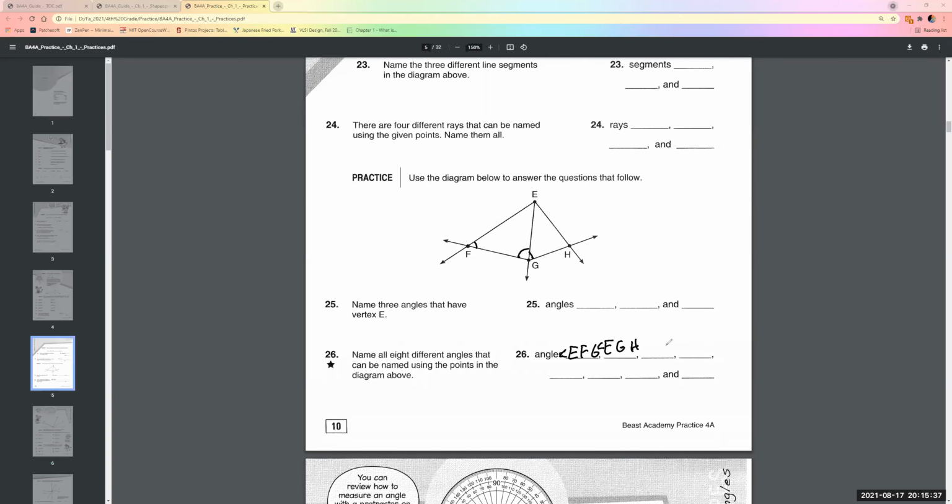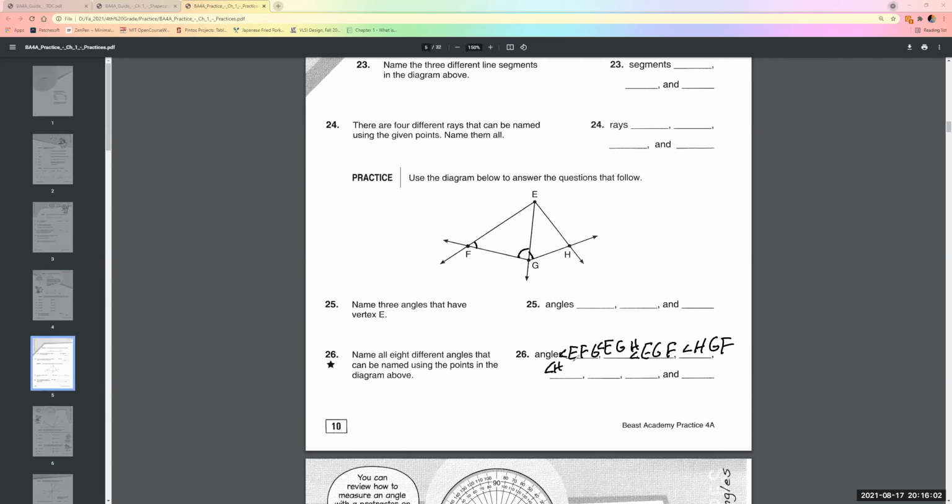That's this angle. HGF. One moment. HGF and then HEG. You said HGF. Yeah, and then HEG.